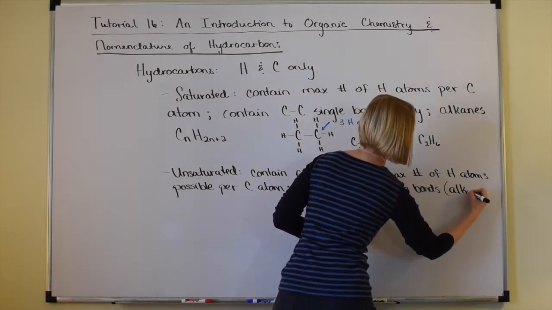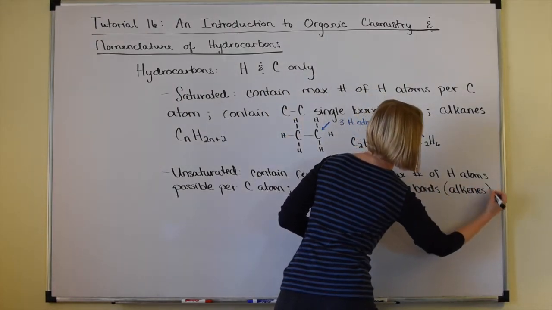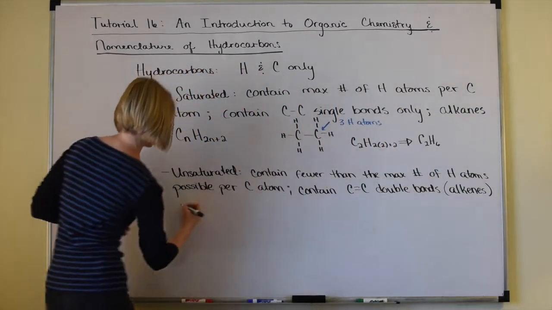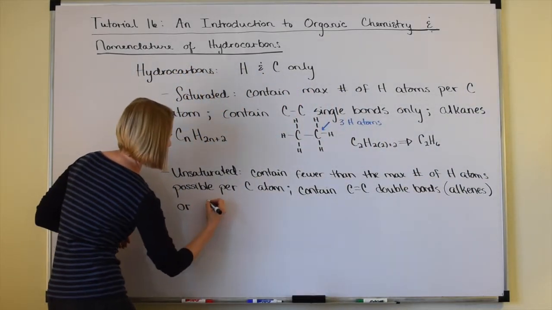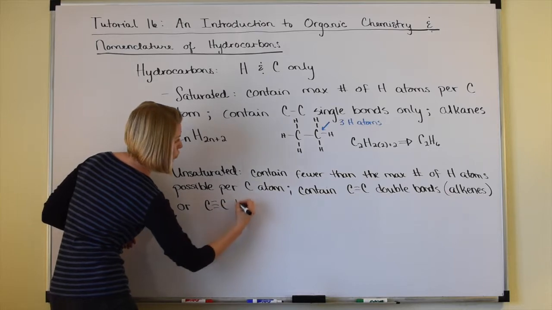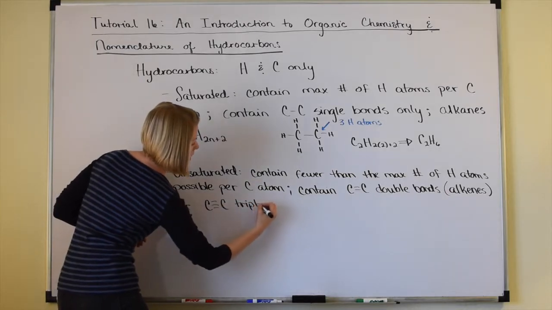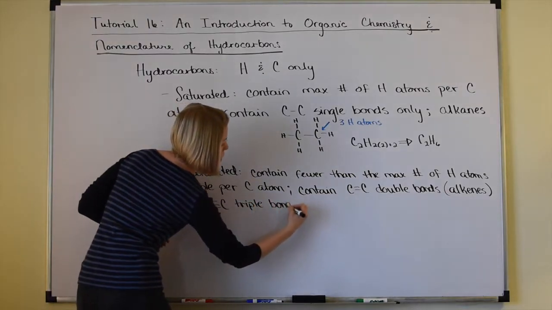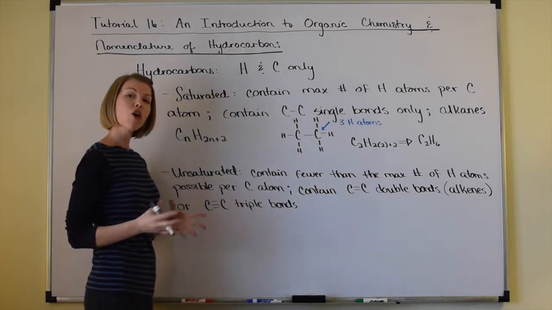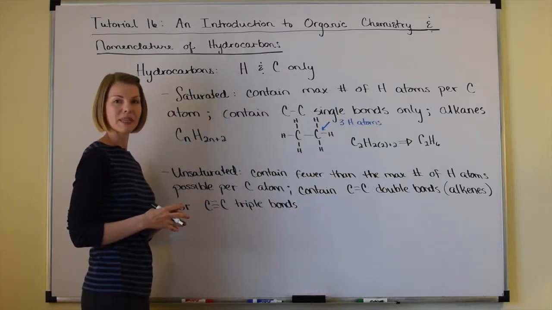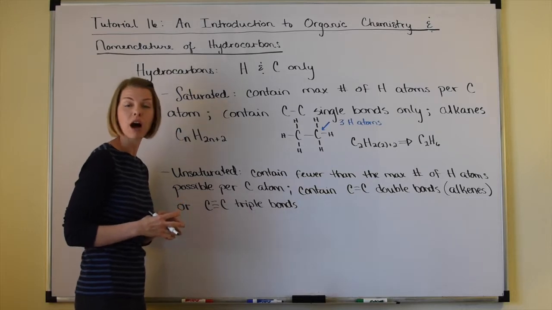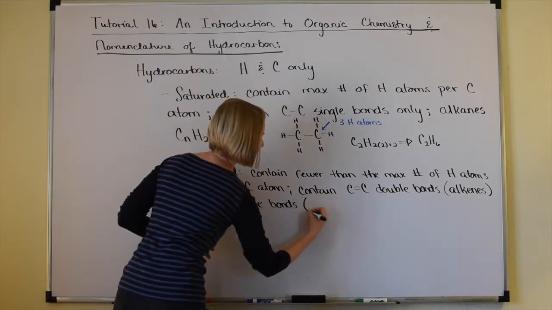I'm going to write that here. Or carbon-carbon triple bonds. The more specific term for an unsaturated hydrocarbon that contains carbon-carbon triple bonds is an alkyne.